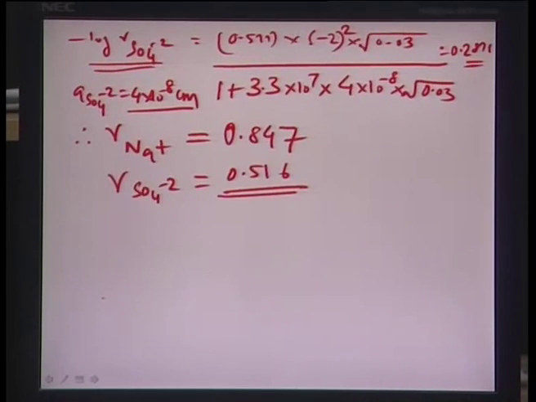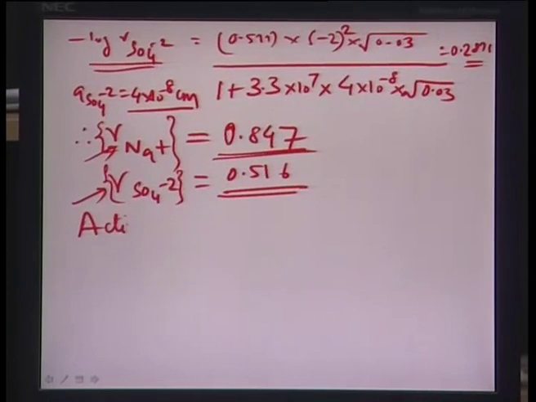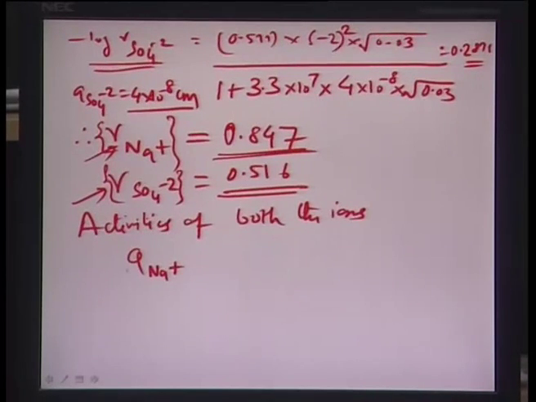Okay. So, these are the activity coefficients. Let me just reiterate, the activity coefficient of the sodium ion comes out to be 0.847 and the activity coefficient of the SO4 ion comes out to be 0.516. Now, if you want to look at the actual activities of both the ions, the activity of Na plus, and this A is the activity, do not confuse it with the ion size parameter.